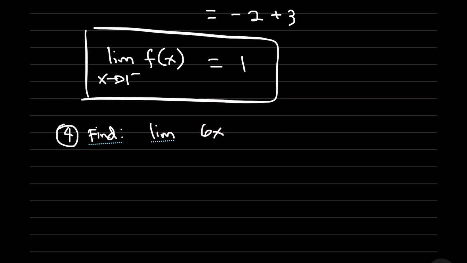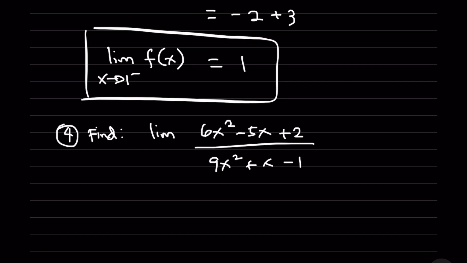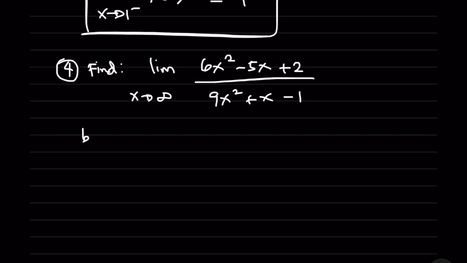What is the limit of 6x squared minus 5x plus 2 divided by 9x squared plus x minus 1 as x approaches infinity? So we can solve this in two ways.